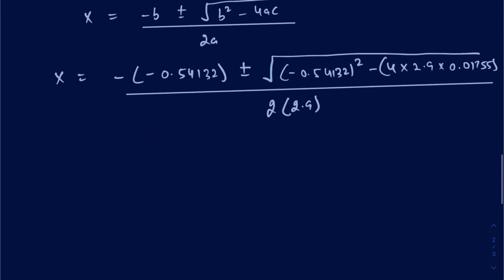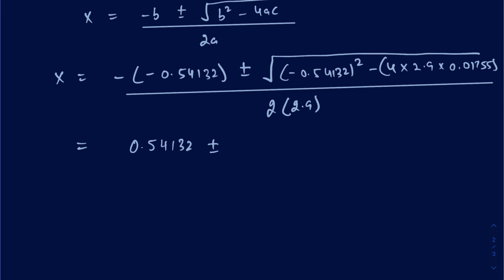All right, let's just try to solve that out. When this minus multiplies with that, that's going to become plus, so that's just going to be 0.54132 plus minus. Let's see what we really get inside. So I'm going to just get everything 0.54132 squared, and then you got minus, and then these are being multiplied 4 times 2.9 times 0.01755.